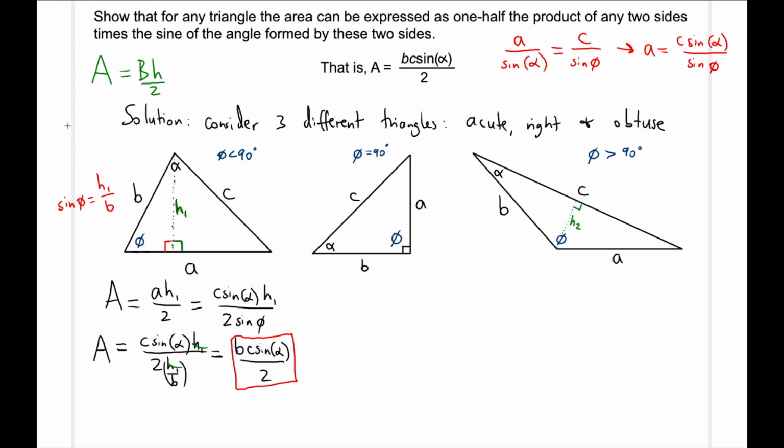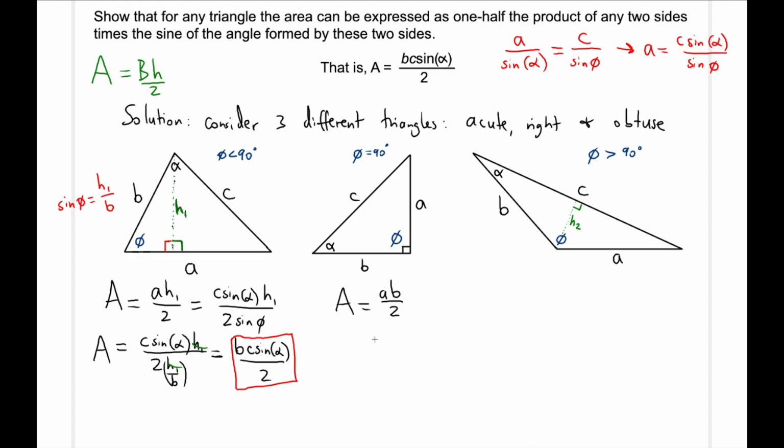Now, let's talk about the right triangle. Again, we can use the B in this case as the large B, the base, because we know that in the right triangle, the base and height are perpendicular to each other, and the height is already by default A in this case, right? So we know it's going to be AB divided by 2.